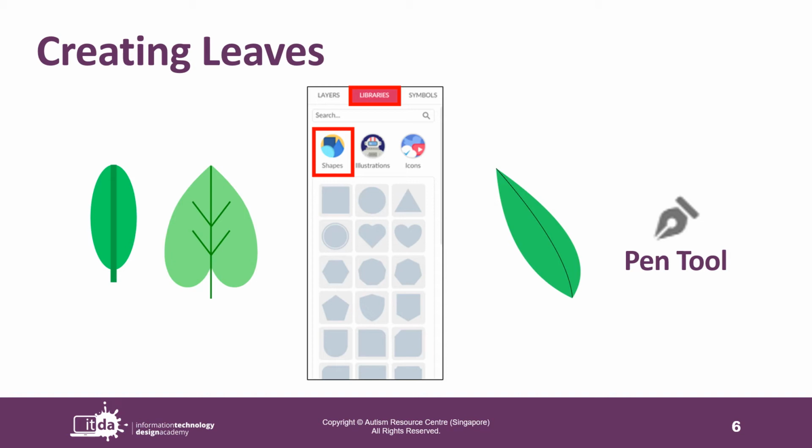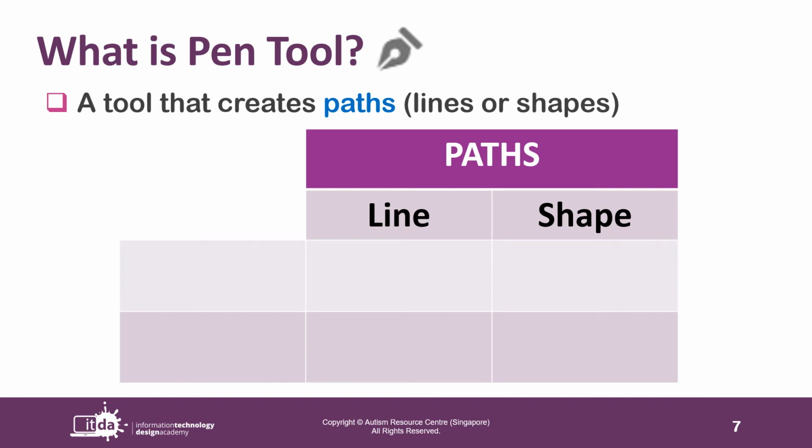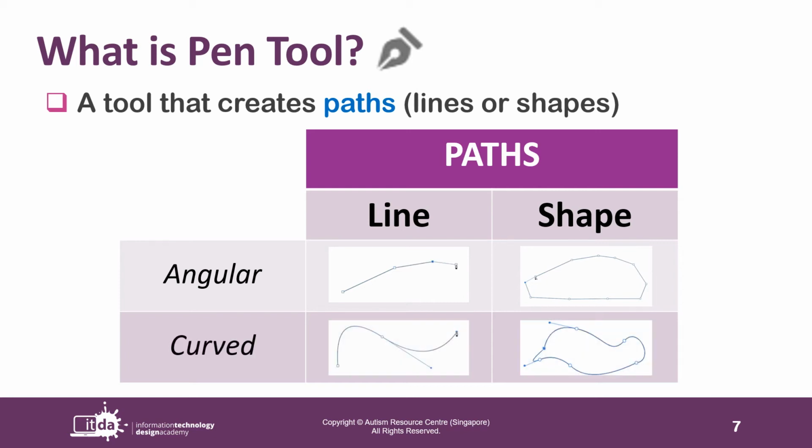Now, before I show you the demonstration, let's learn a bit about this pen tool. A pen tool is a tool on Gravit that allows you to create lines or shapes, and we call them paths. Paths can either be angular, which comprises straight lines, or curved, which comprises curved lines.